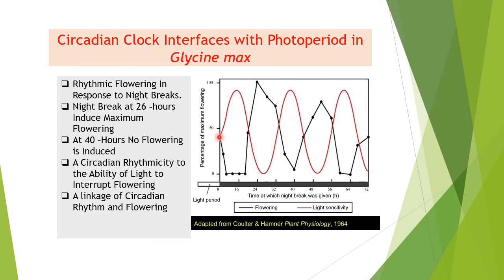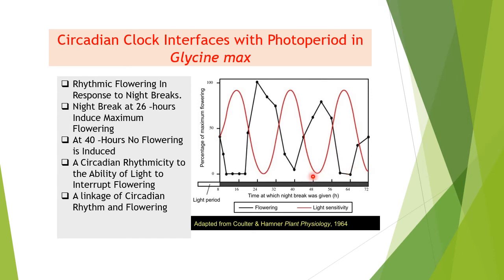If you sum up, this is the reflection. This red line is the reflection of this flowering response. They are opposite to it. Now, we maintain that this will be a circadian rhythm which will be there in the plant, and this is the rhythm which is created by the external stimuli, that means the night interruptions with light.